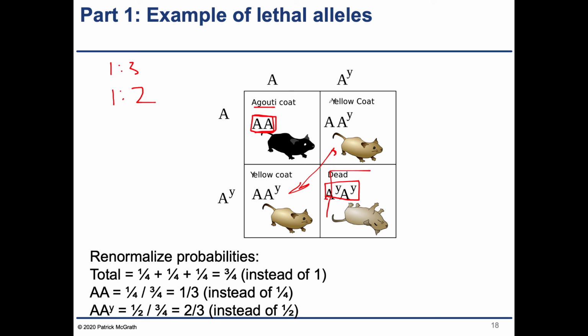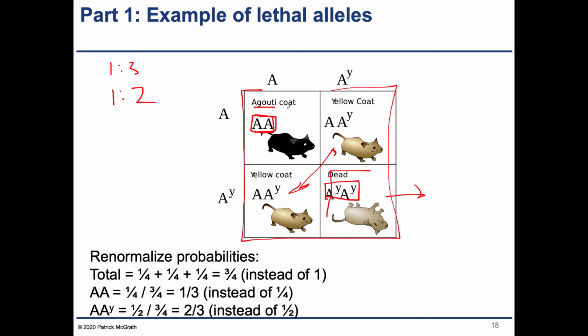If we do a cross between yellow coat mice, this is the Punnett square that gets produced. A quarter of them you would expect to be this, half you'd expect to be this, and a quarter you'd expect to be this. However, because these mice never come out, we have to renormalize the probability. This is very similar to what we did with the pedigree information. All of the probabilities have to add up to one.